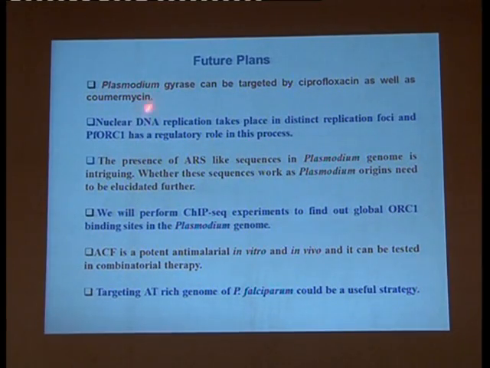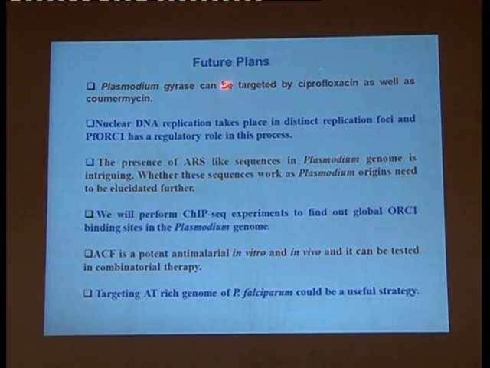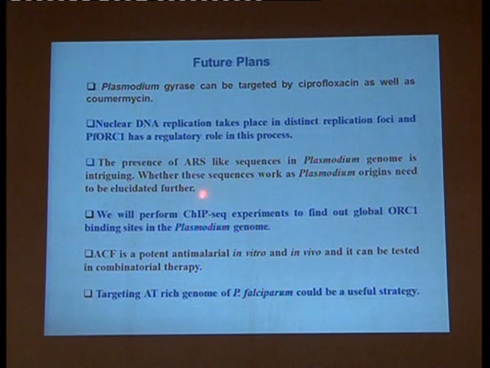So what are our future plans? Gyrase can indeed be targeted by ciprofloxacin as well as carbamazepine. We should use this as a combinatorial therapy. Nuclear DNA replication takes place at replication foci, and ORC1 has a regulatory role. We have found these ARS-like sequences, which we believe could be used as origins in Plasmodium.